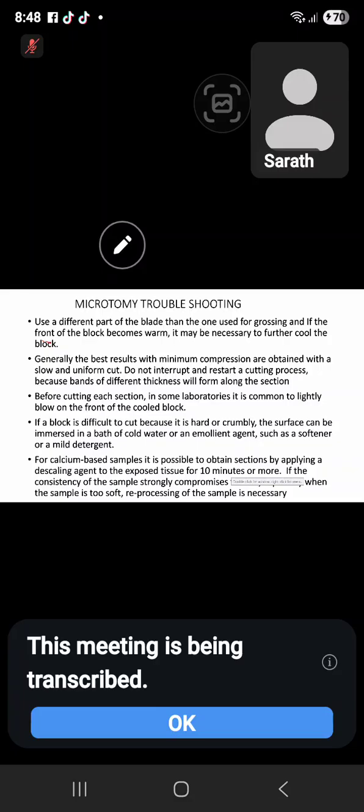Then surface decalcification will occur. Some people use very dilute nitric acid also. In that case, surface decalcification takes place. After that, you can cut the block.